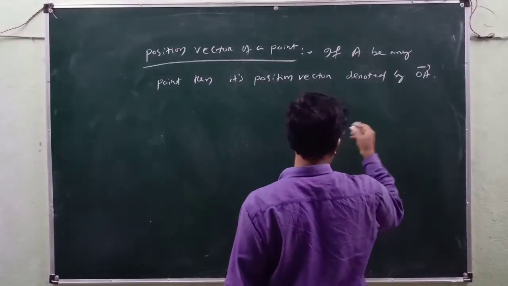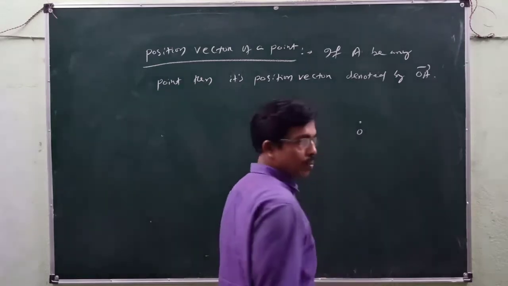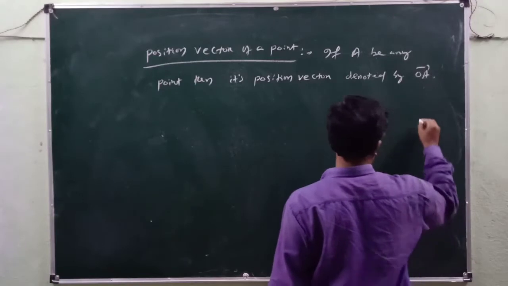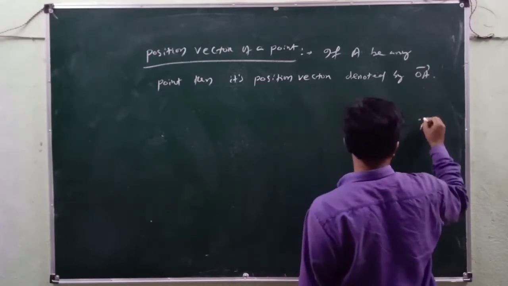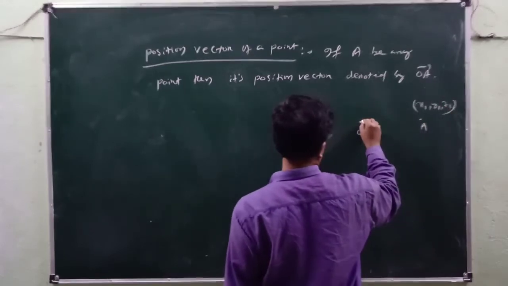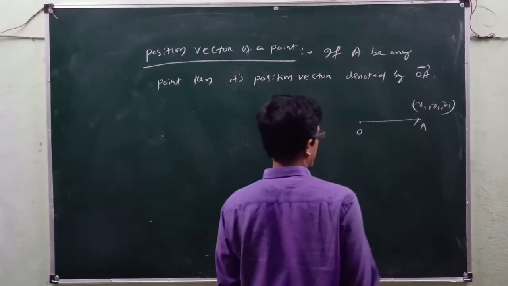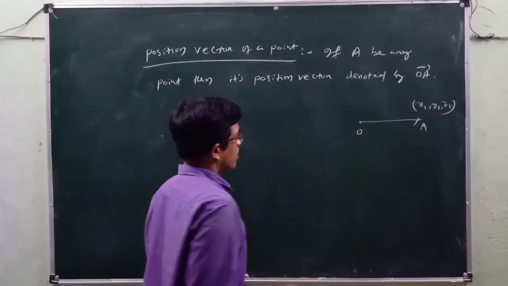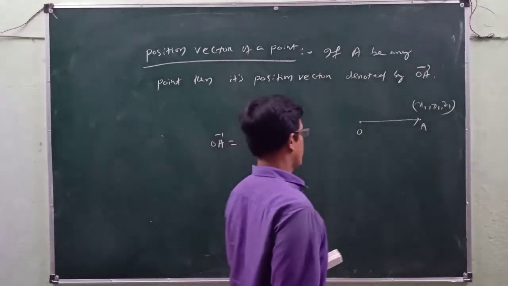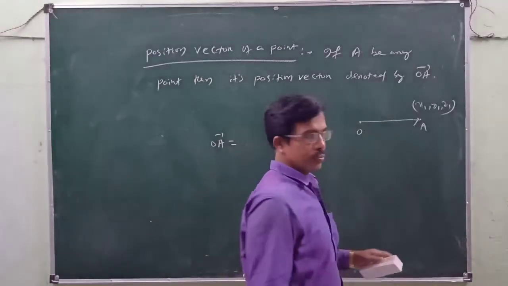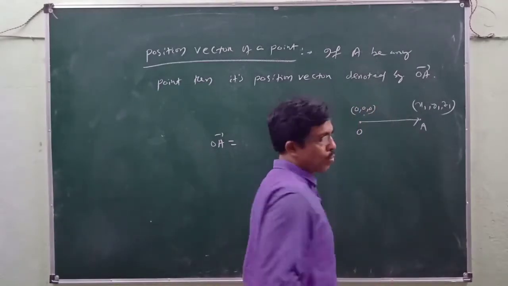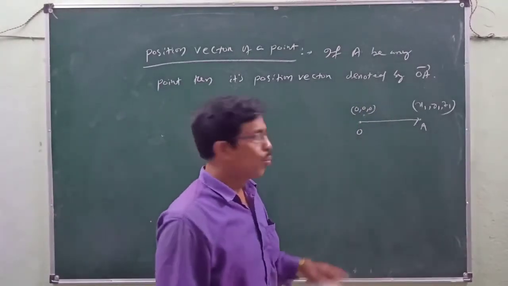Suppose here O is the initial point because it is a position vector, and A is any point. Suppose the coordinate of A is (x1, y1, z1), and here you find OA. What will be the value of vector OA? You know that the coordinate of the origin is (0, 0, 0). Then apply the rule for the vector between two points.